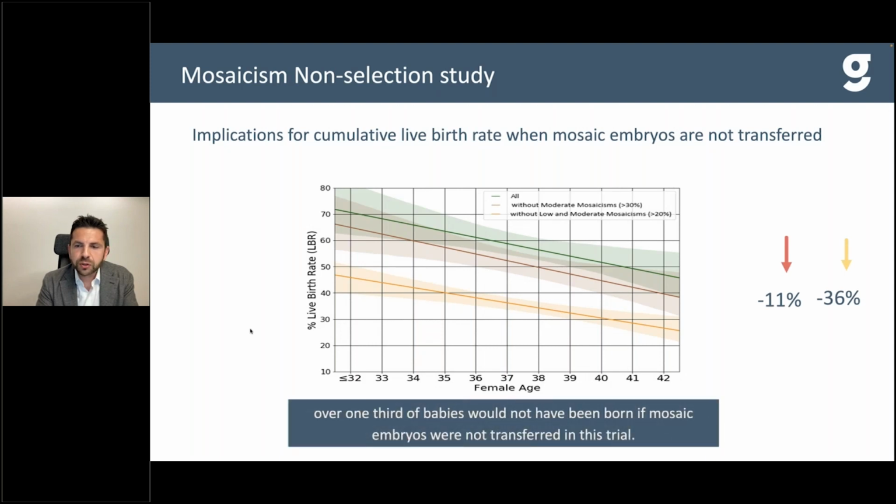In the situation where we exclude both low and moderate mosaic embryos, we observed that over a third of the babies would not have been born. This really highlights how detrimental this can be in reducing cumulative live birth rate if these embryos are not replaced in PGT-A cycles.